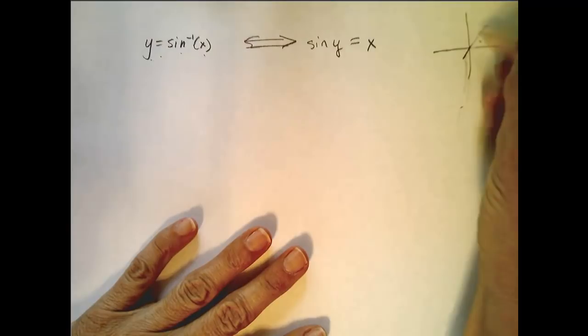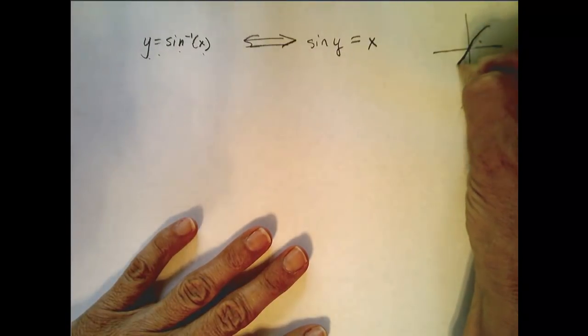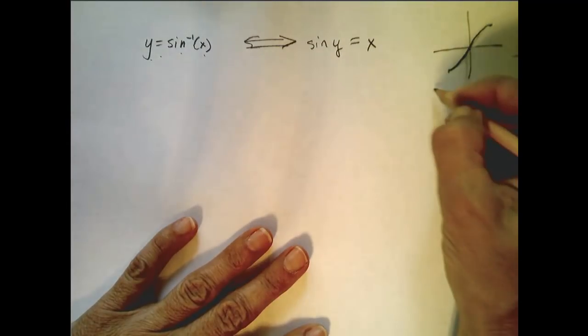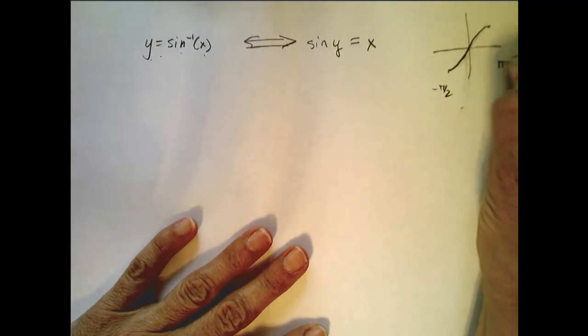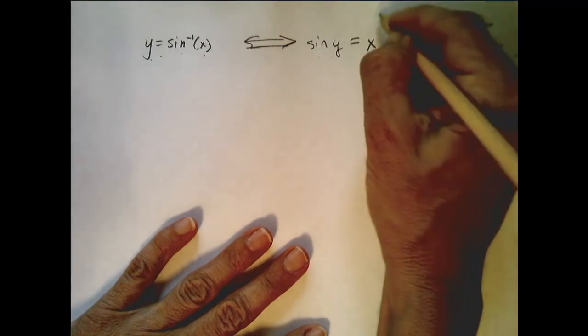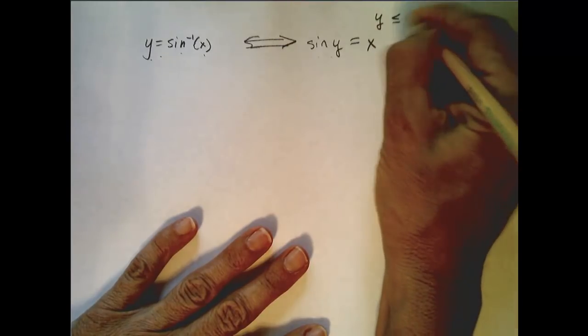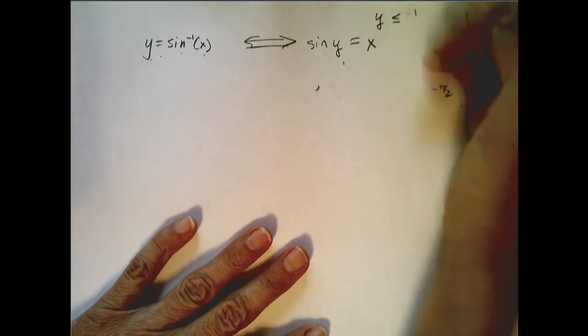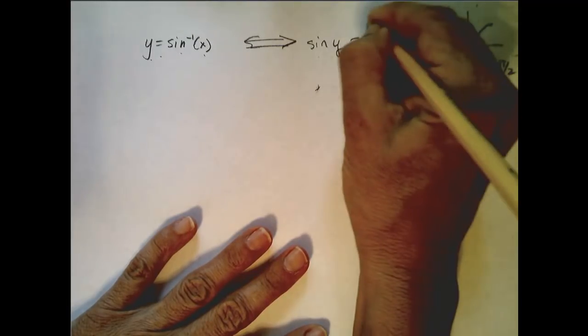And this, the standard restriction for sine when talking about its inverse, is negative pi over 2 to pi over 2. Okay, clearly that's a 1-to-1 function, so it has an inverse. So sine of y equals x when y is between pi over 2 and negative pi over 2.